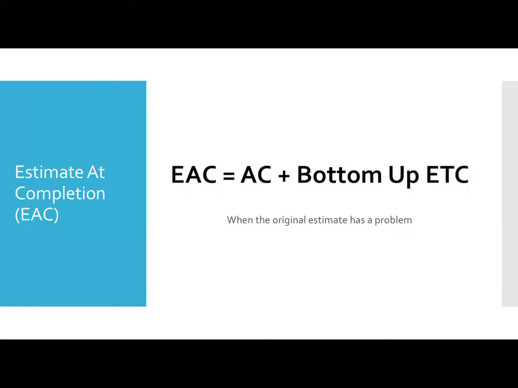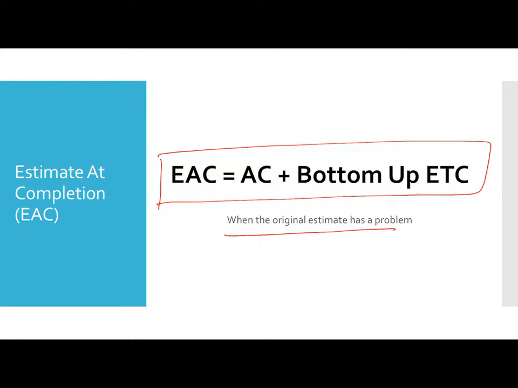Next, another way, if your project has been totally messed up, your CPI or your CV or your SPI, if your CV is less than 0.7 or SV is less than 0.7, it's like you're going below 70%, the project is going to fail. So at that time, use this estimate at completion plus bottom-up estimate. Okay, this is like new estimates coming in.